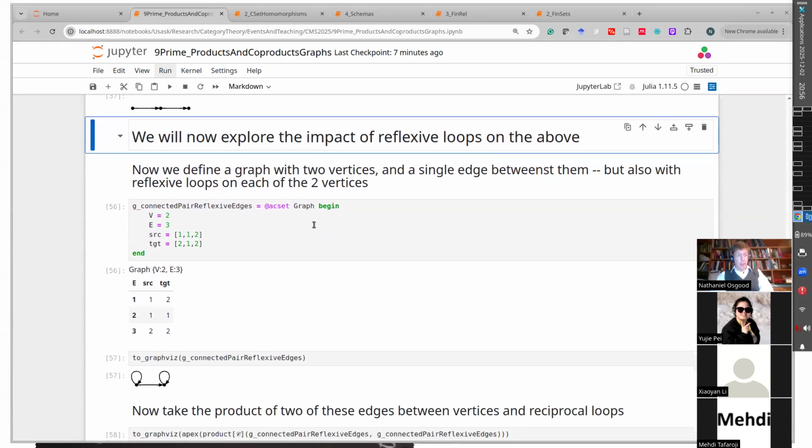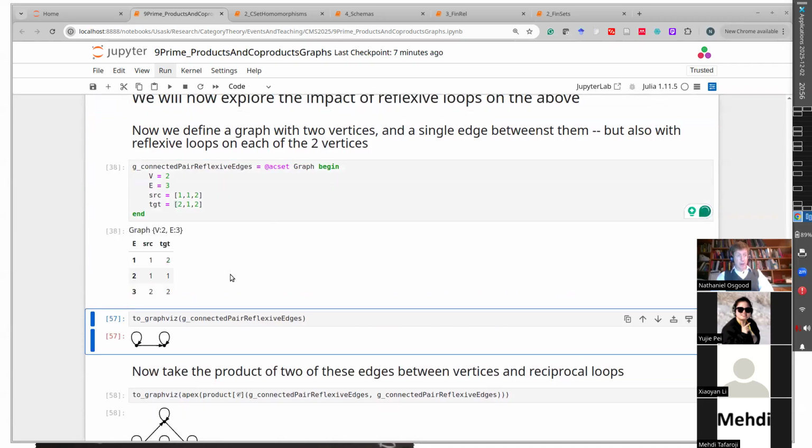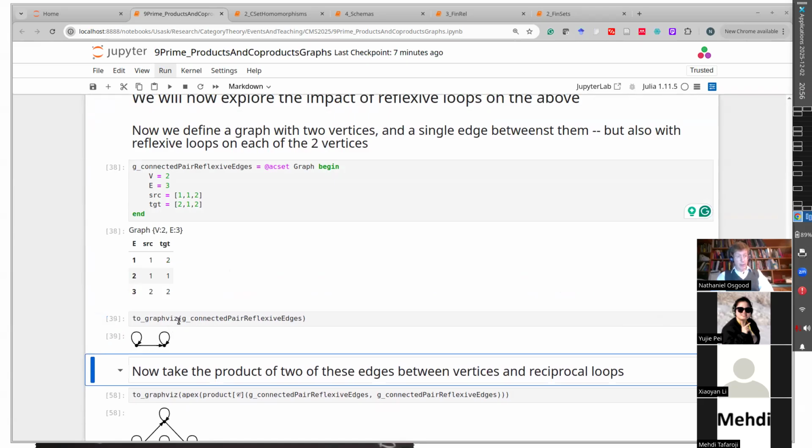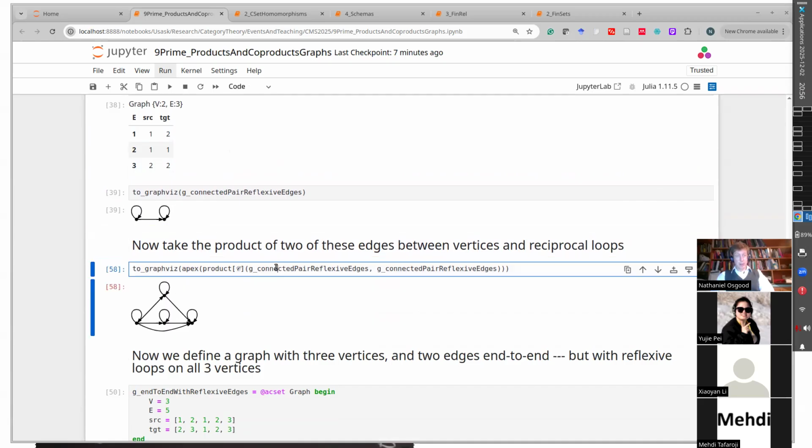But look, if we have reflexive loops, if we only had a bit of forethought, let's create a connected pair with reflexive loop. Let's take a product of two of these, right? This pair with reflexive loop and this pair with reflexive loop.